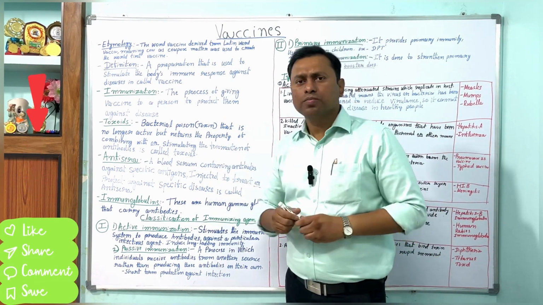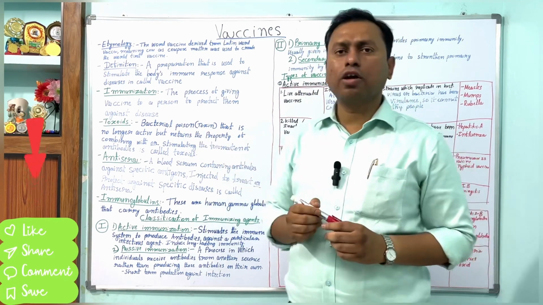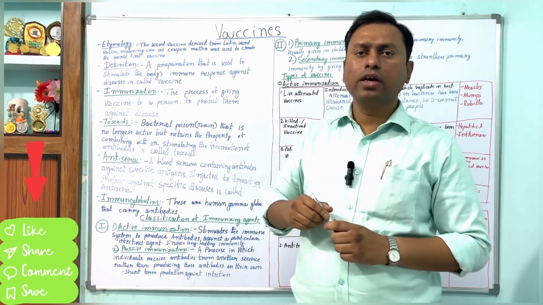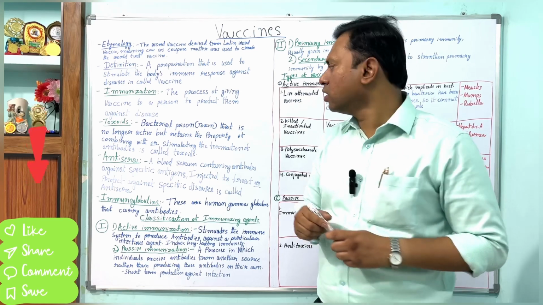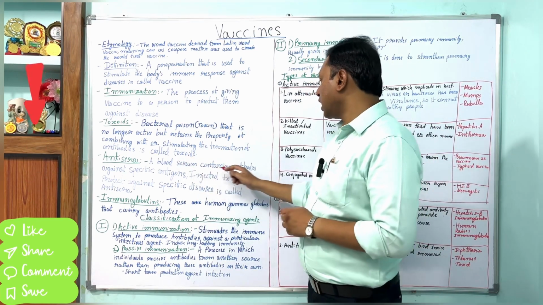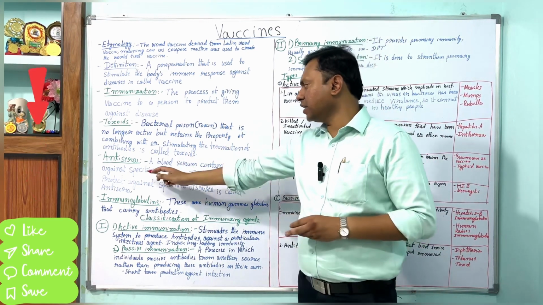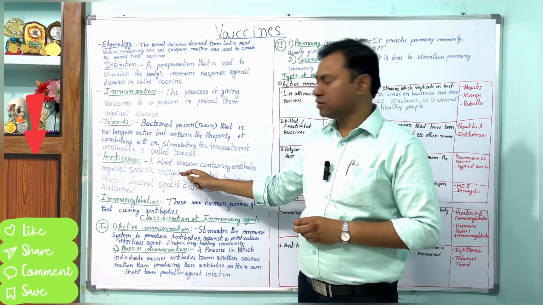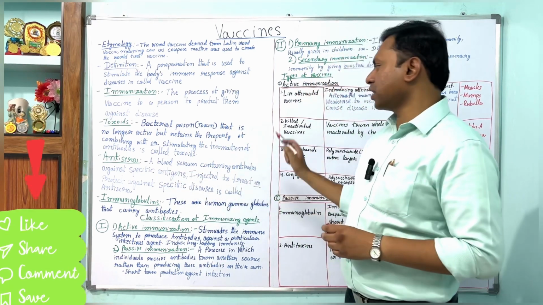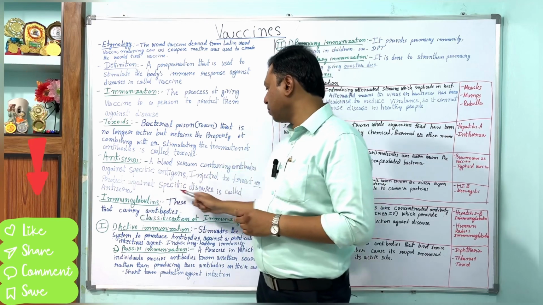Okay, now we will know the meaning of antisera. Antisera, or antiserum, is a blood serum containing antibodies against a specific antigen, injected to treat or protect against a specific disease.